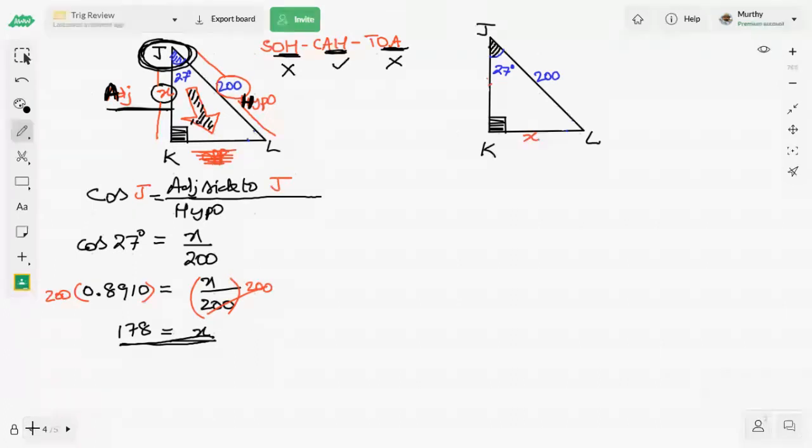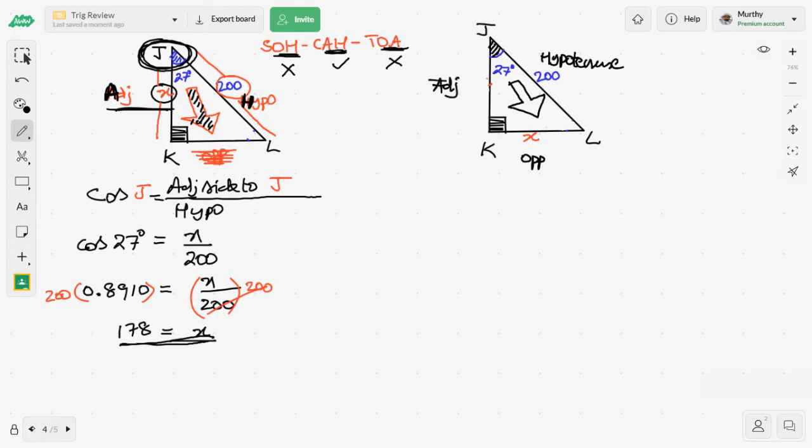So here again 27 degrees is given, and I know this is going to be the opposite side, and this is the hypotenuse. The longest side is the hypotenuse, and the third side is adjacent.